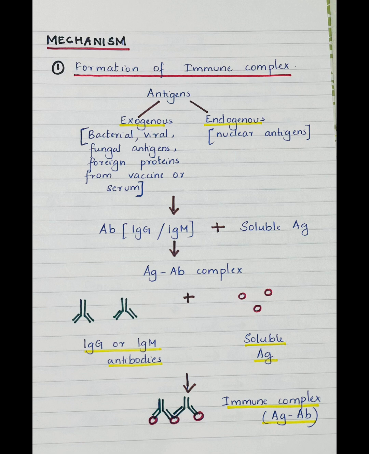response. So the antibodies, primarily IgG antibody and sometimes IgM antibody, will bind to the soluble antigen in blood or tissue fluids, forming antigen-antibody complexes, which is also called as immune complex. As a result, type 3 hypersensitivity reaction is also known as immune complex mediated hypersensitivity.